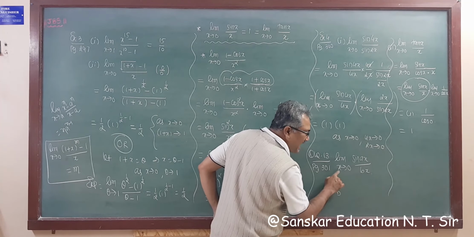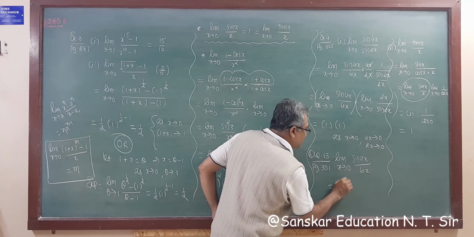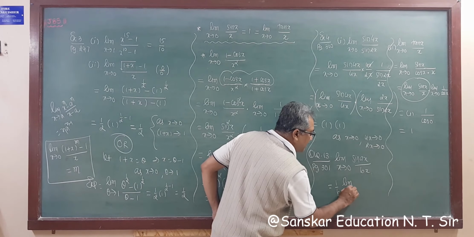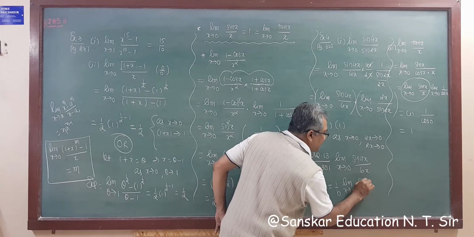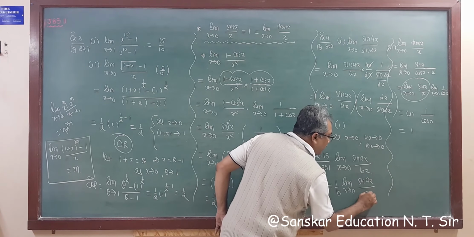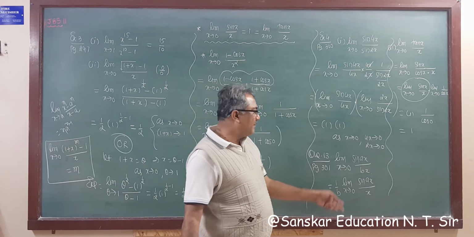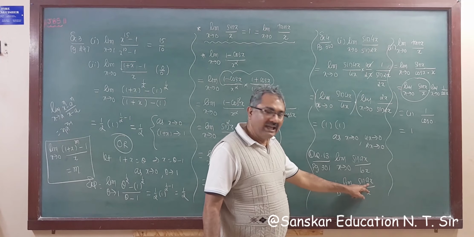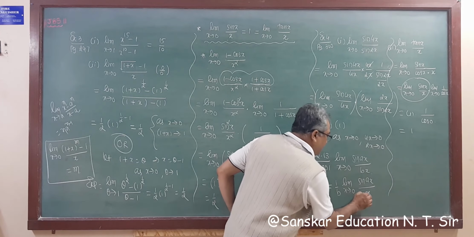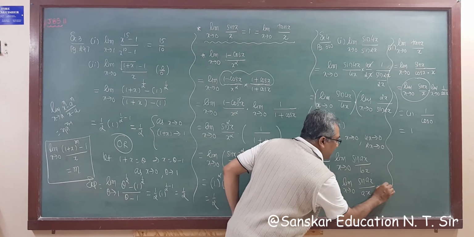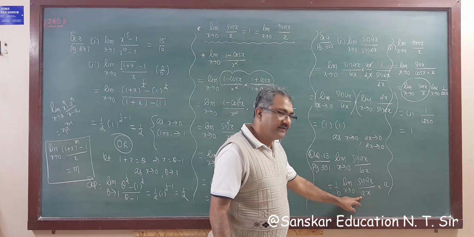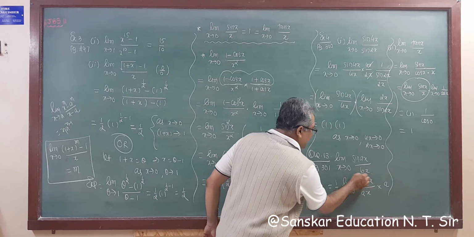b is a constant because x tends to 0, so we need x only. So b is a constant, writing it outside the limit, x tends to 0, sine ax upon x. Now for the formula we need ax. Here is x only, so dividing and multiplying by a. Now what is this?